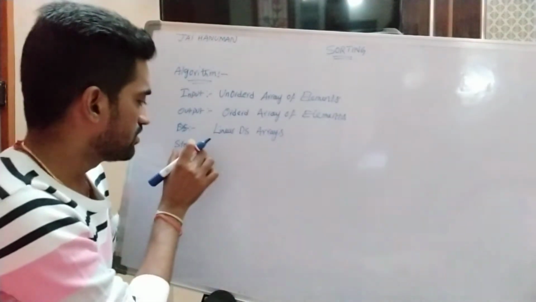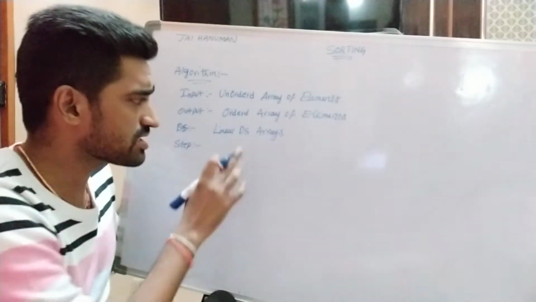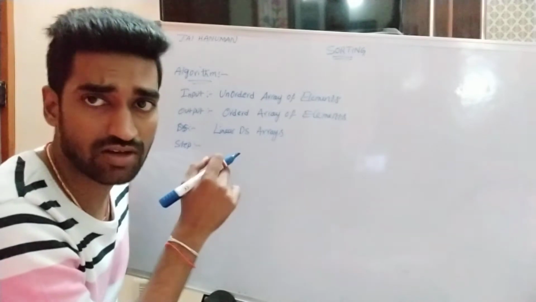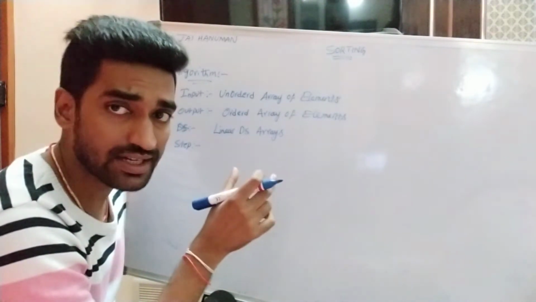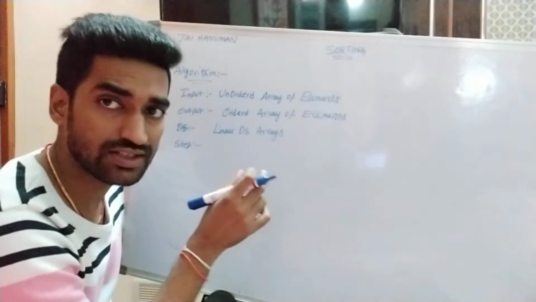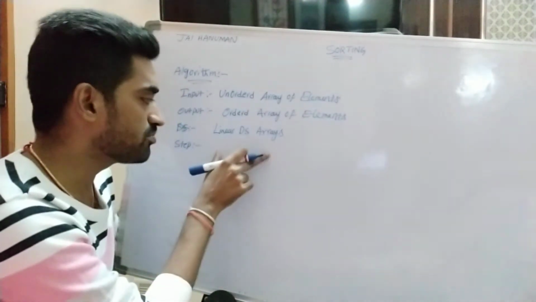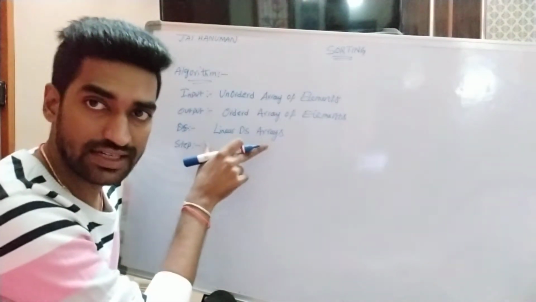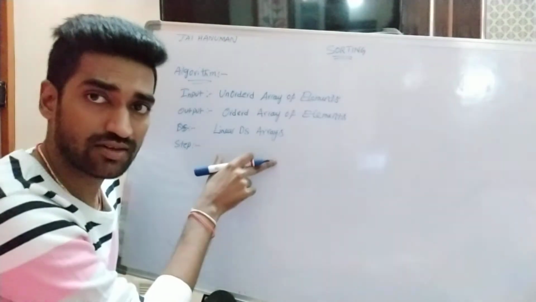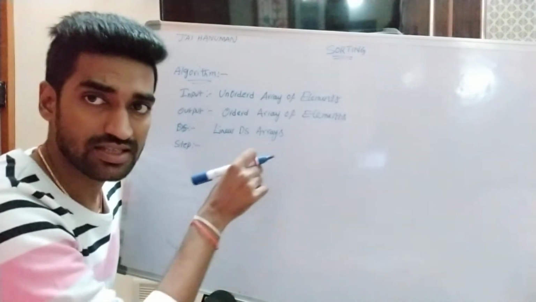Then we write some steps related to the merge sort mechanism. Merge sort is an application of the divide and conquer strategy. For that purpose, the entire array can be divided into several individual arrays, so we consider some procedure. We consider steps for divide, and one more procedure for combining all the sub-arrays.